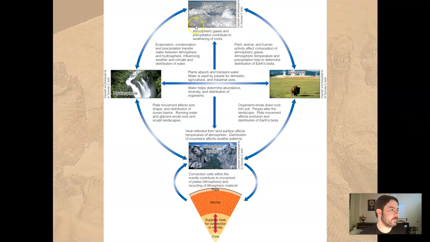And as you can see, they're all interconnected and they all play a part. The lithosphere, the outer crust of the Earth, is driven by what's happening in the mantle and core, these different layers of the Earth, which we will get to momentarily in a different section. But how the surface of the Earth plays a part in the biosphere, the hydrosphere and the atmosphere, it's all interconnected.